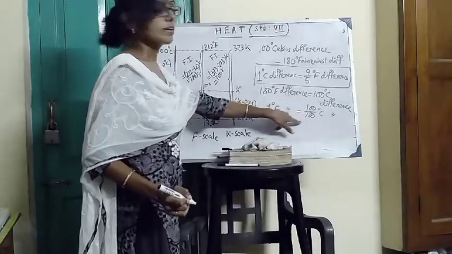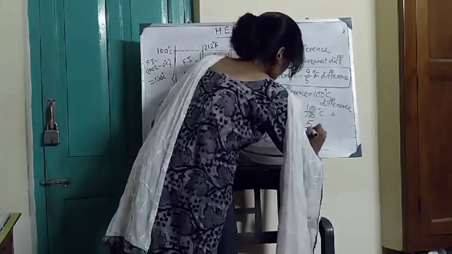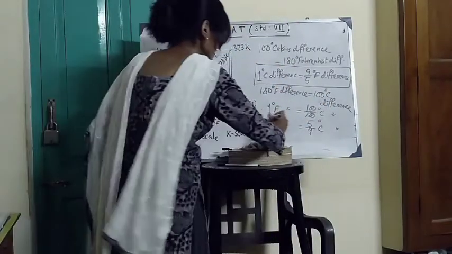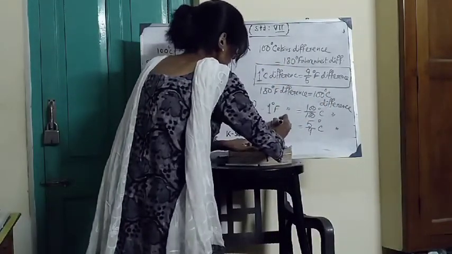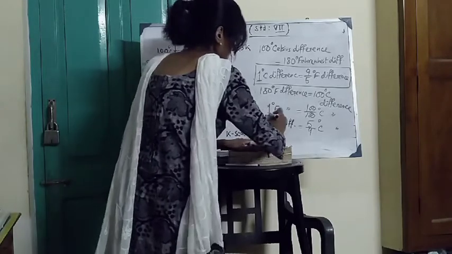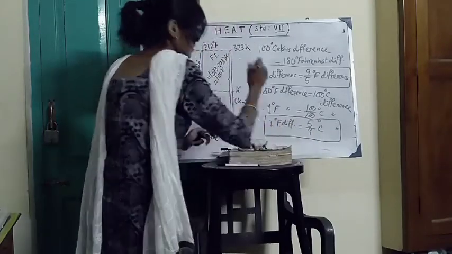Simplify, 100 by 180, 5 by 9. That means 5 by 9 degree Celsius difference. What is in the left hand side? That is 1 degree Fahrenheit difference, is equal to 5 by 9 degree Celsius difference.